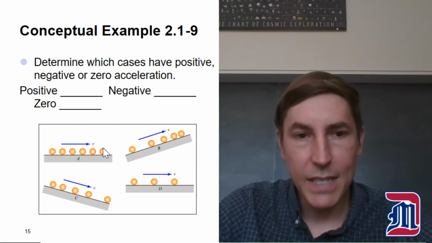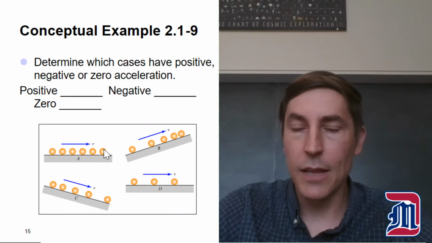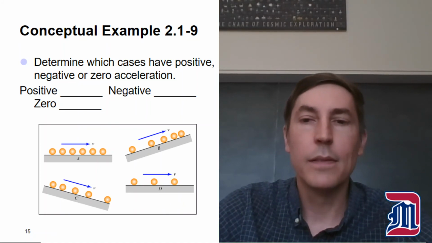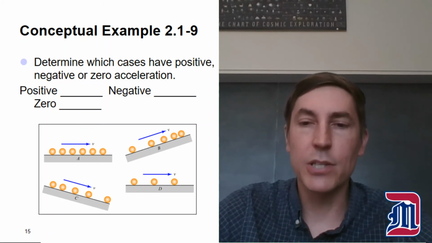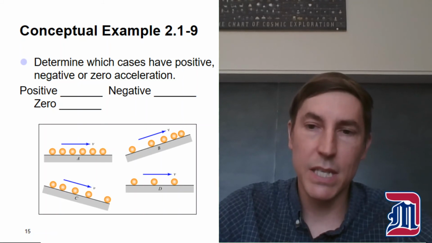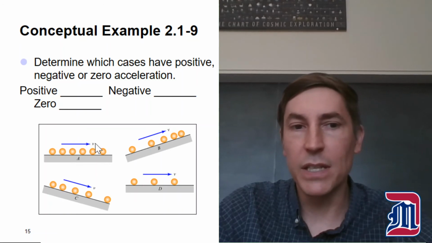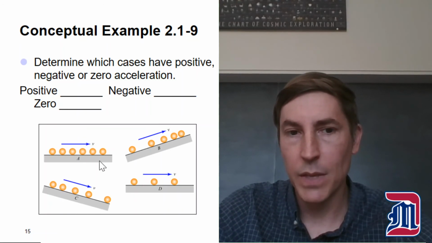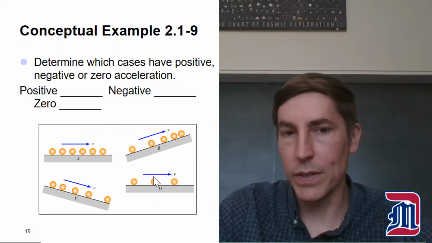So if my velocity is constant, and acceleration is how my velocity is changing, then the acceleration must be zero. So acceleration is delta v over delta t. In the case of A, delta v is zero. There is no change in velocity. Same thing with D, also zero acceleration.